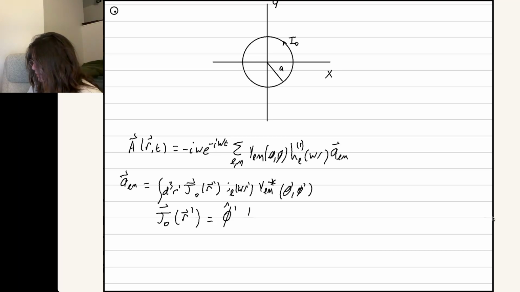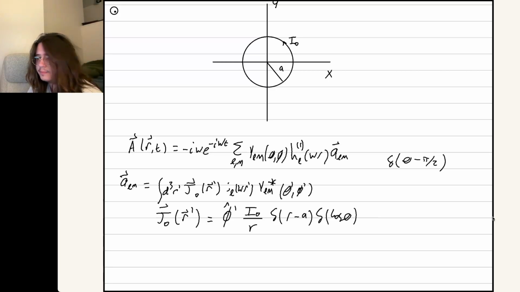Then you'll have an I naught, and it has to be a density, so it ends up being divided by r, and then multiplied by a couple of Dirac deltas: delta of r minus a to fix it in the circle of radius a, and then a delta function of cosine theta, which is the same as writing delta of theta minus pi halves.